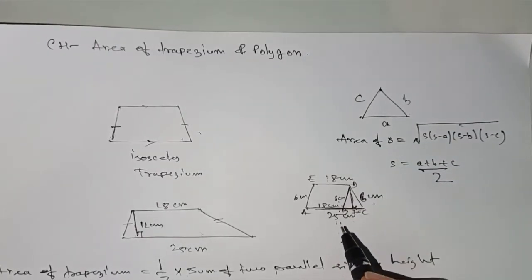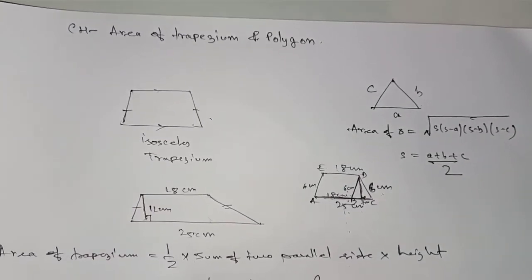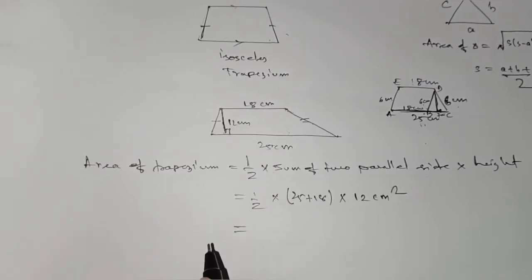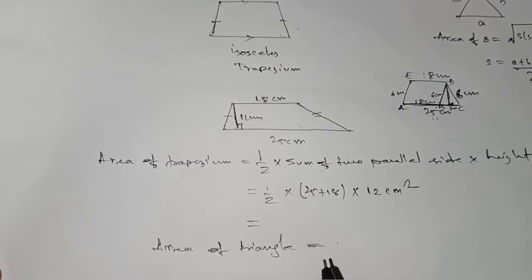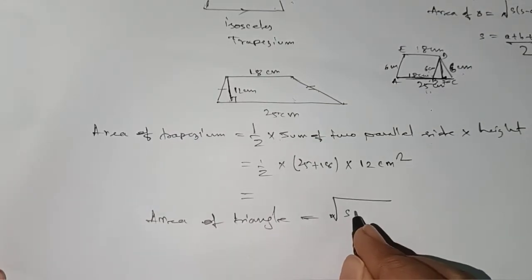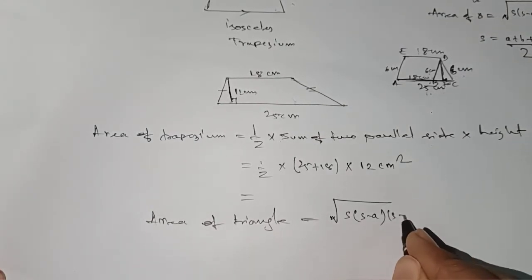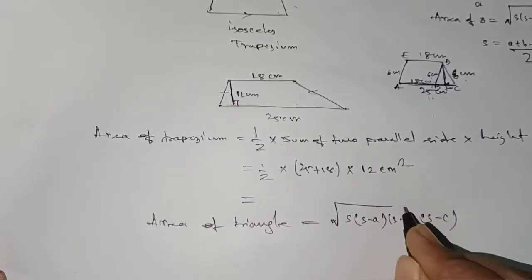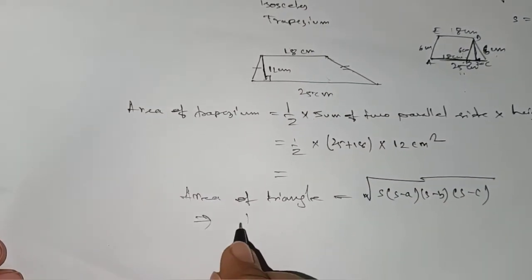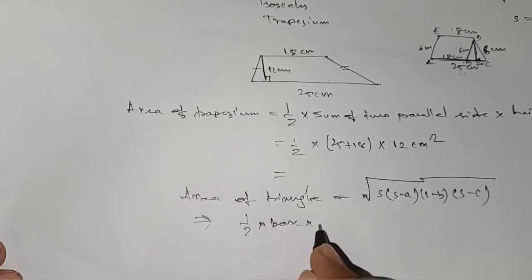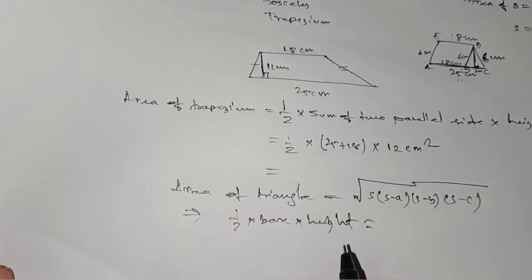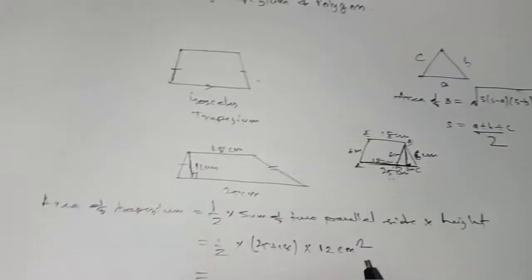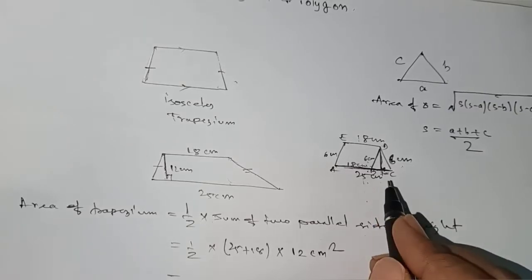So to get the height, what concept are we going to apply here? We know that the area of the triangle by Heron's formula, we can write root over S into S minus A, S minus B, S minus C, and on this side we can write half into base into height. Now we don't know the height, so we'll keep it as H, and the base we know, according to this we have the base 7.